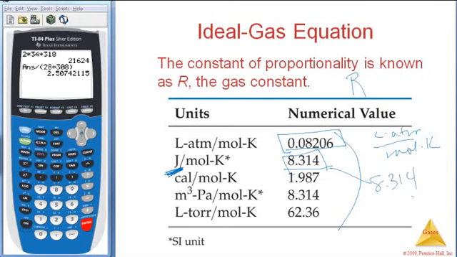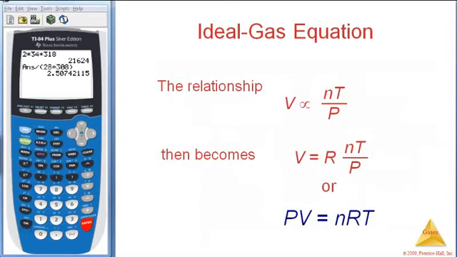If you're using 0.08206, make sure you have your volume in liters, your pressure in atmospheres, and of course temperature in Kelvin.